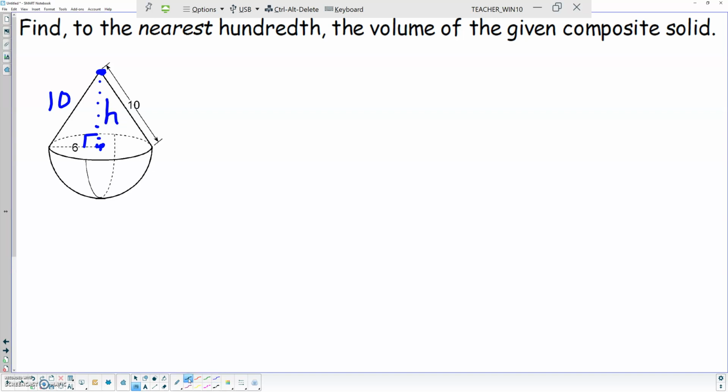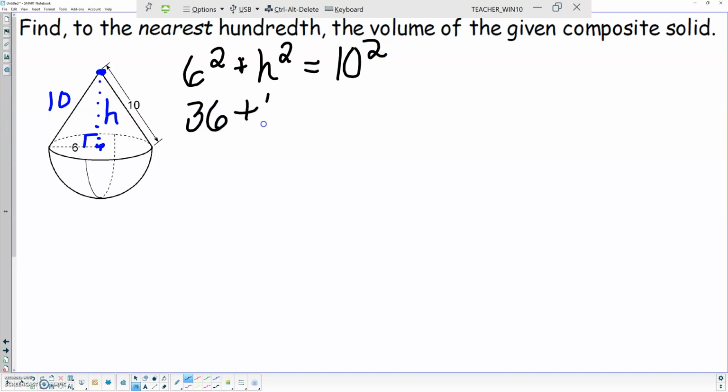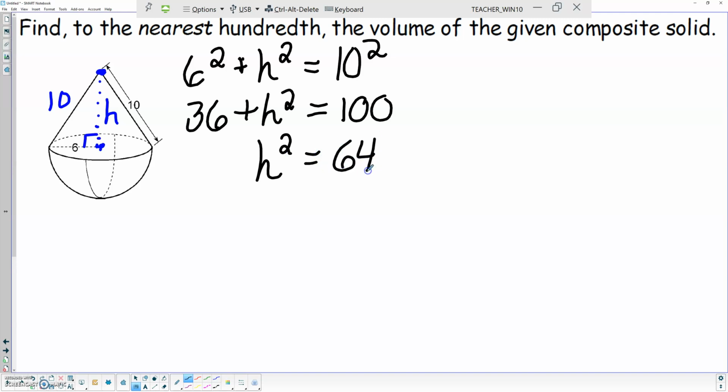We set this up as 6 squared plus h squared equals 10 squared. 6 squared is 36, 10 squared is 100. If we subtract 36 on both sides, we get h squared is 64. Taking the square root of both sides, the height of the cone is 8.